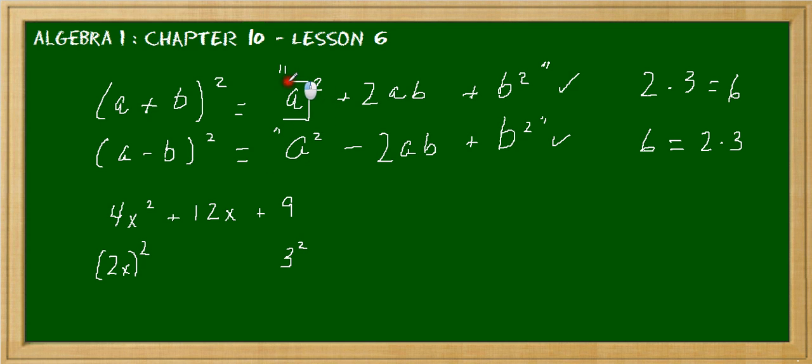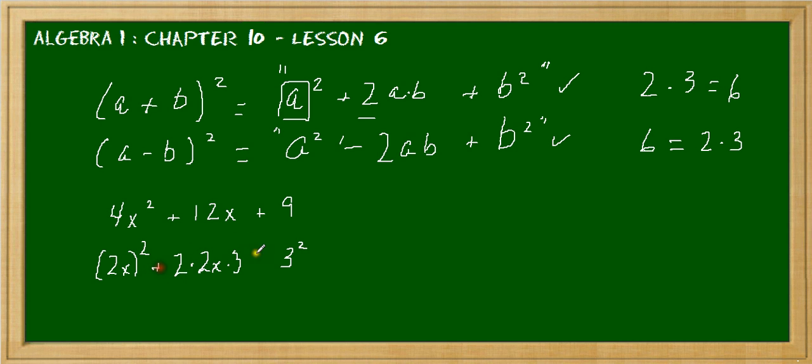What is being squared in this side? That would be 2x. So we would need a 2x. And then what's being squared? What's the b? Well, 3 is. So that would be 3. Why? Because we have a times b, and then we're supposed to multiply that by 2 according to what this form is. Now, is this true?